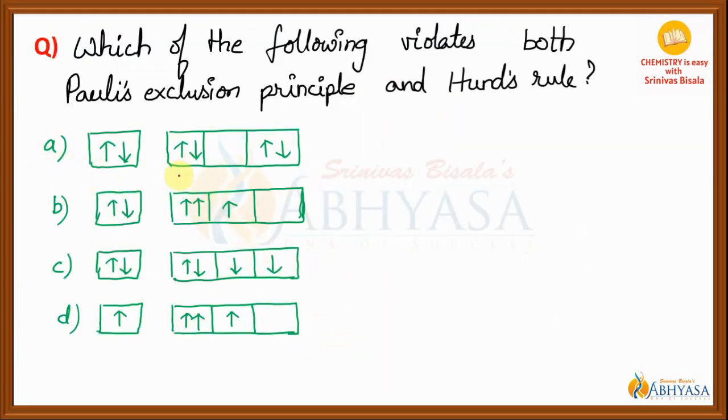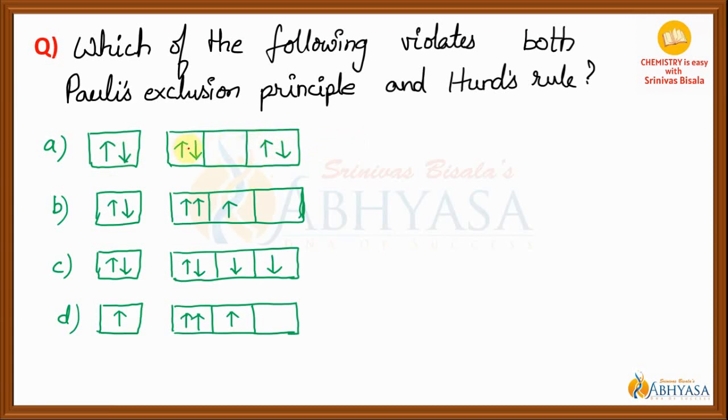Let us solve option A. See, in option A, the lower energy orbital is completely filled, then electron entered into higher energy orbital. It means it is according to the Aufbau principle. Then there is no orbital where two electrons are spinning in the same direction. It means even Pauli's rule is followed here. Now let's see the third one, Hund's rule. What is Hund's rule?